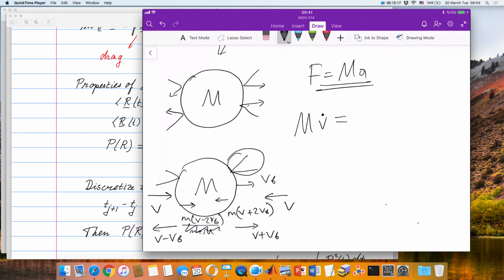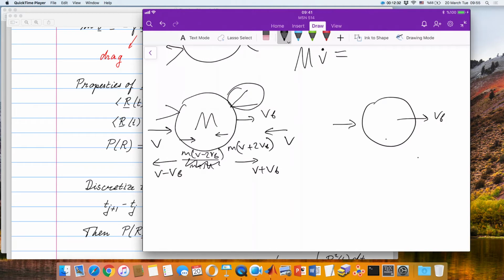If the ball is moving in this direction and gets a kick from here, its energy increases. If the ball moving in this direction gets a kick from here, its energy decreases. My whole point is that these bouncing particles will decrease the energy of the ball. It will act as dissipation.